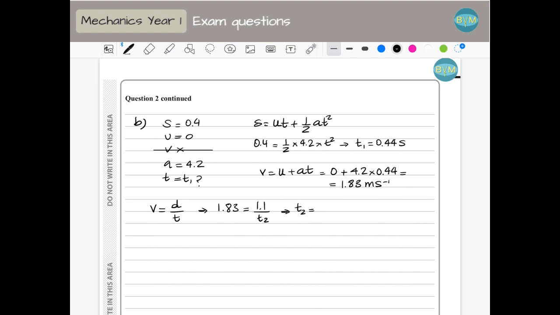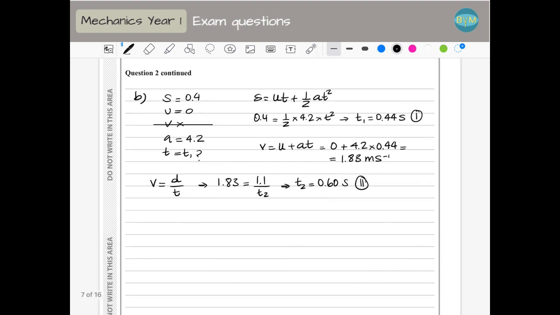So t2 is 1.1 divided by 1.83, which is 0.60 seconds to two decimal places. So the total time taken is this one plus this one. Total time is t1 plus t2, which is 1.04 seconds. That's B.